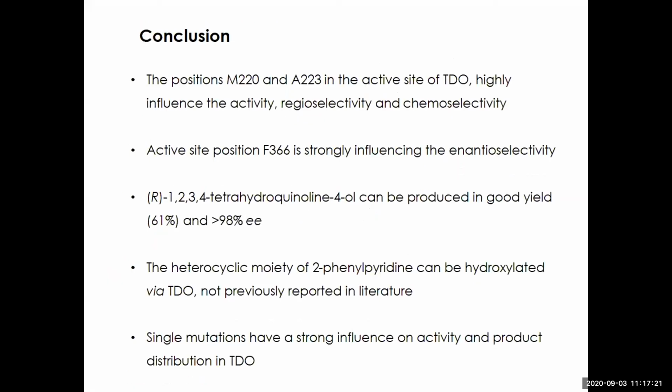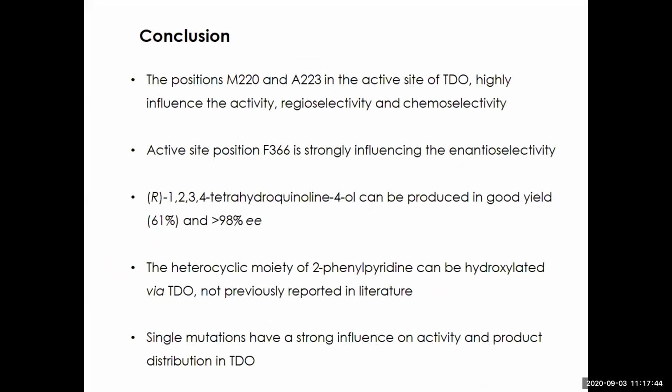And to sum this up, it seems like the position M220 and A223 in the active site of the TDO are highly influencing not only the activity, but also the regio- and chemoselectivity. And that the active site position F366 is strongly influencing the enantioselectivity, like shown on the example of naphthalene.